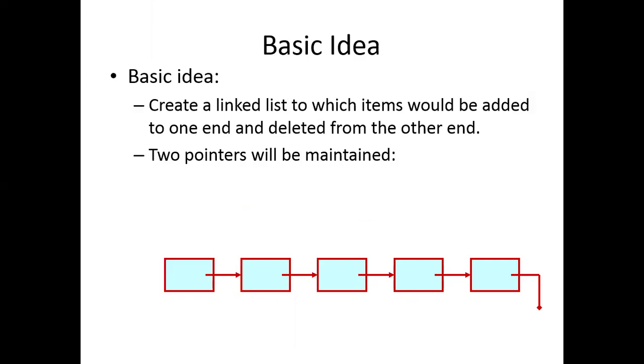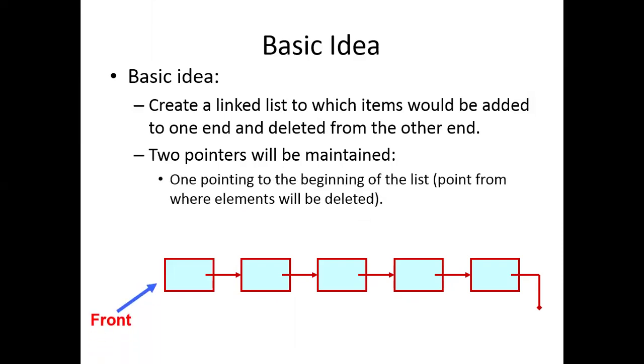We create a linked list to which items are added at one end and deletion is done at the other end. So two pointers are maintained. Front: this pointer points to the front element, or the beginning of the list.